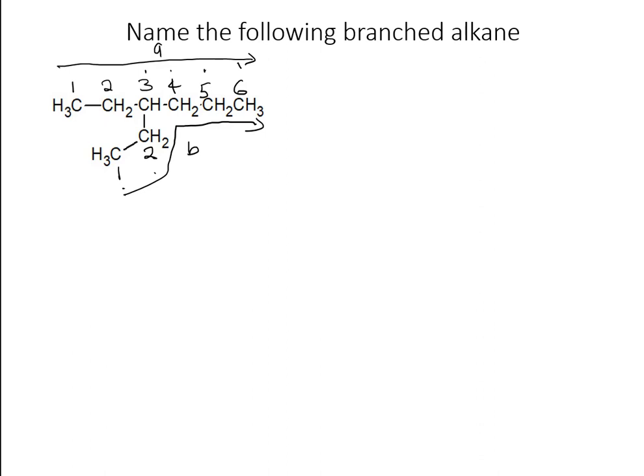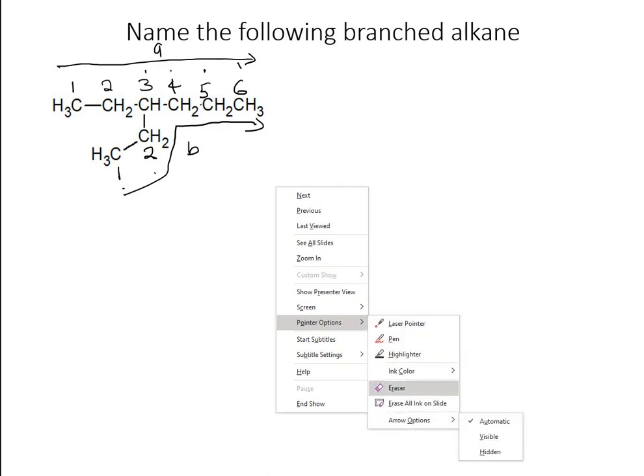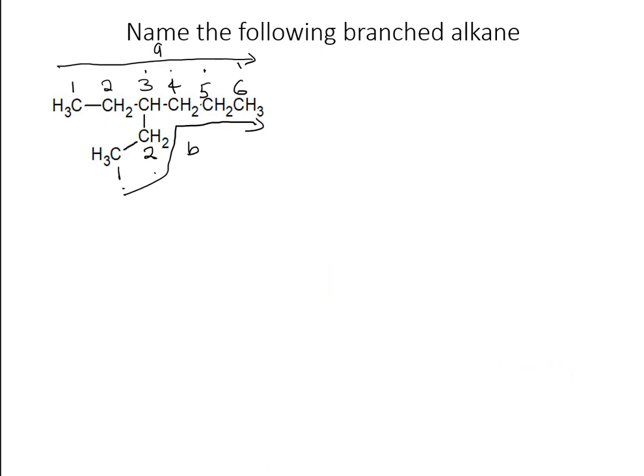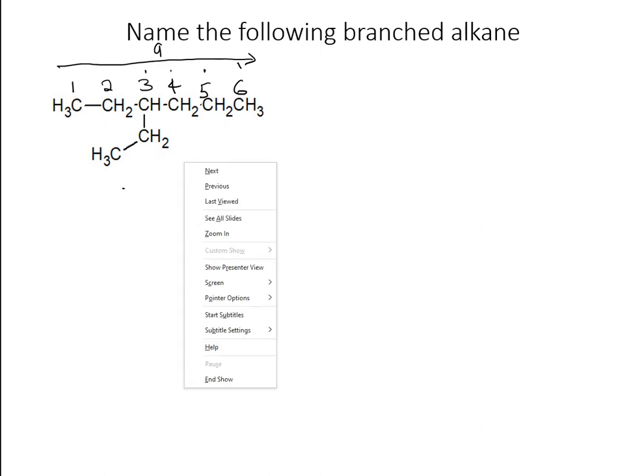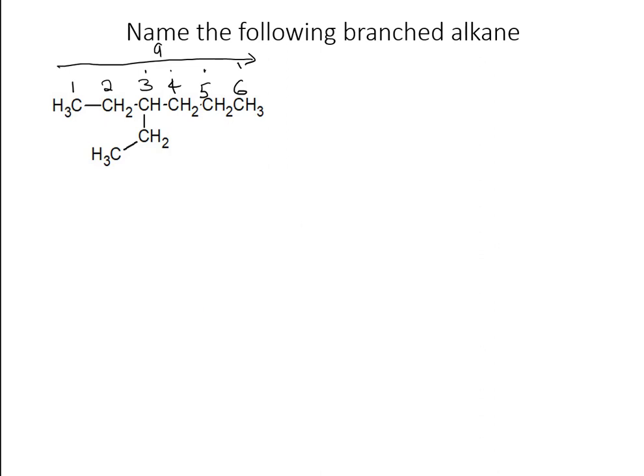Now, once we know the chain we are using, we need to be able to name or locate the branch. Where is the branch? And also, what is the name of the branch? So our branch is this one.